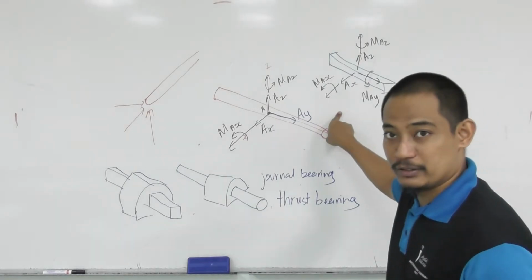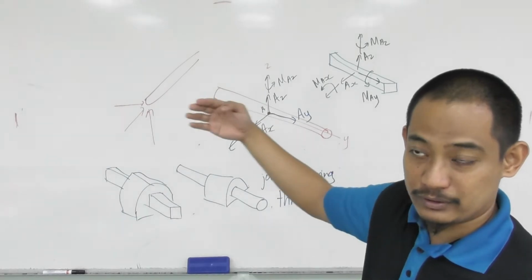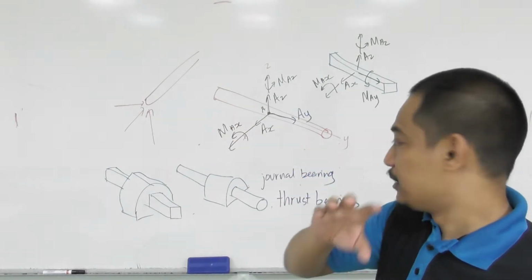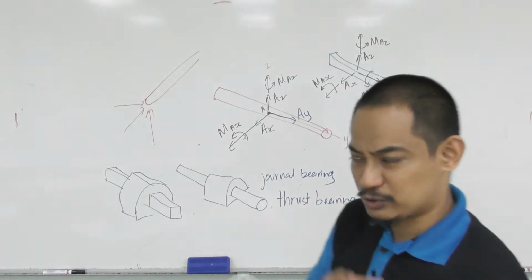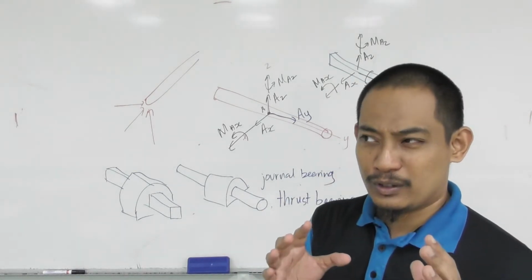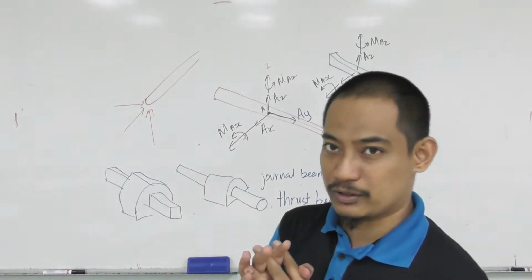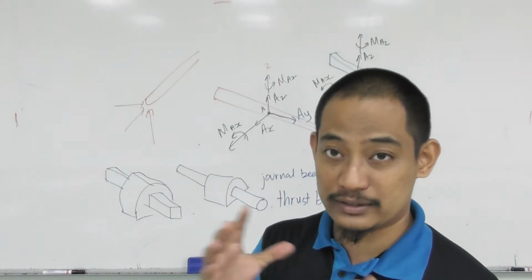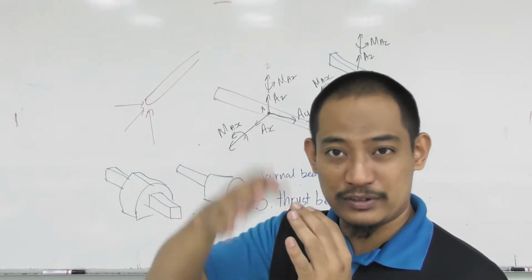I'm drawing here a general bearing, where it is free to move in the y-axis, but it just cannot rotate because of the shape, which is square. So make sure you understand all of this, because you can memorize, but I think that's not a good strategy. The good strategy is you understand, so that you can ask yourself every time, can it move this way?